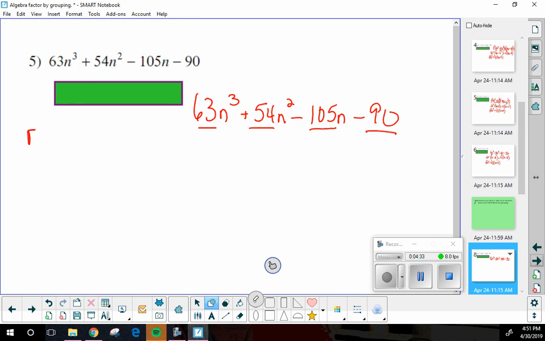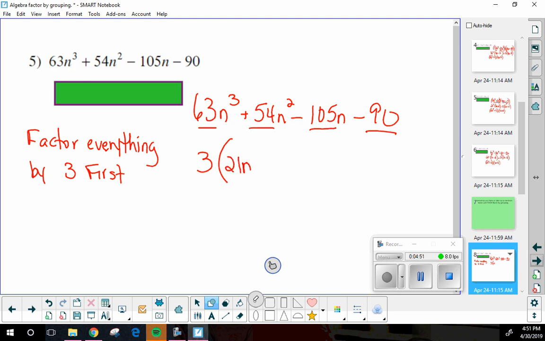So I'm going to factor everything by 3 first. So that's going to give me 3 times 21n cubed will get me that. 18n squared would get me that. Minus 35n will give me this, and then minus 30 will give me this.